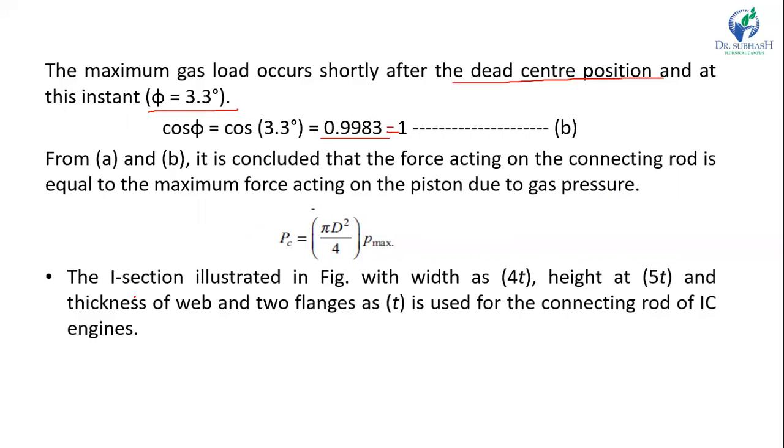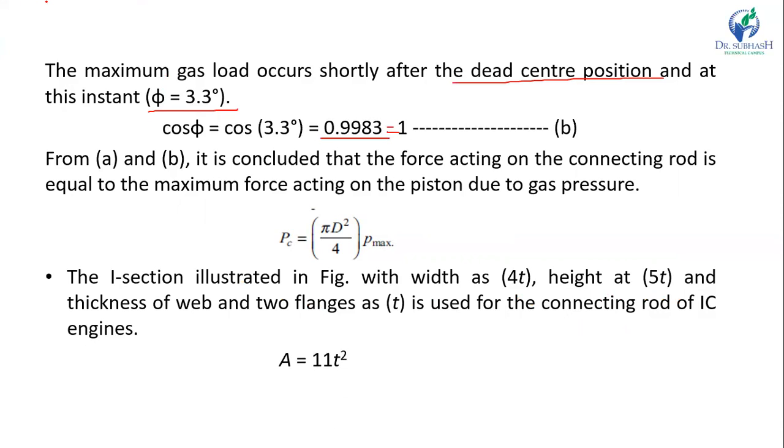Okay, so the I section, which is illustrated in the figure with width as 4t and height as 5t, and thickness of the web and flanges t, is used for the connecting rod of an IC engine.